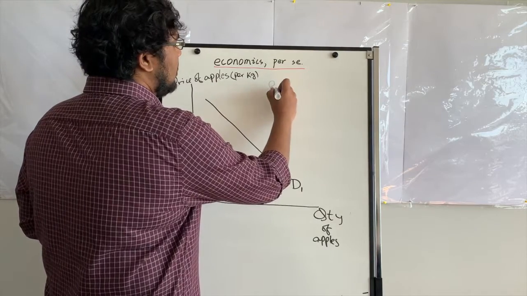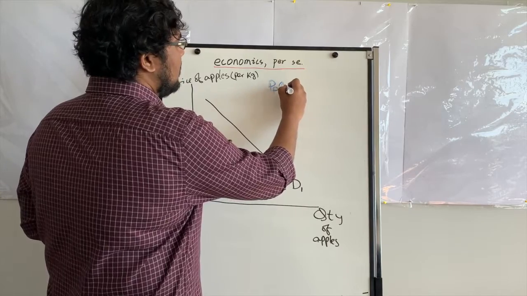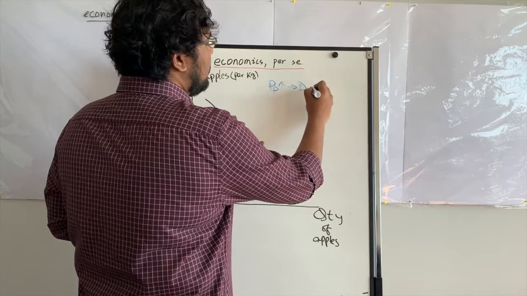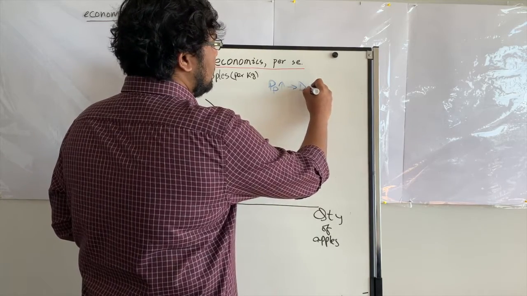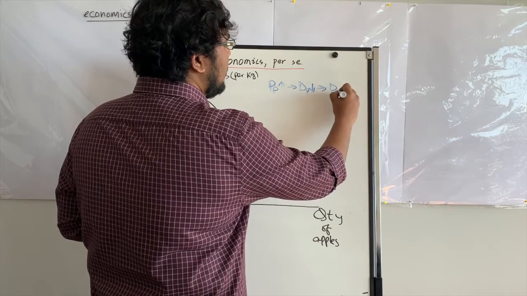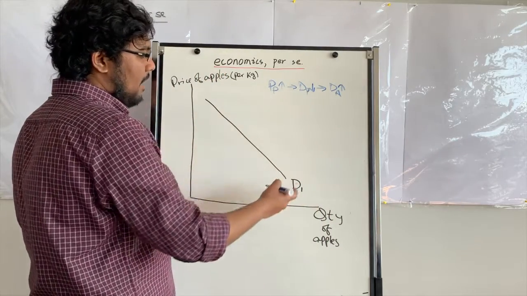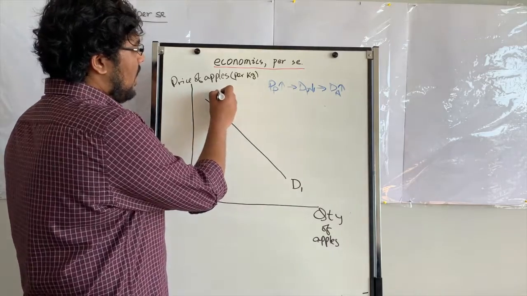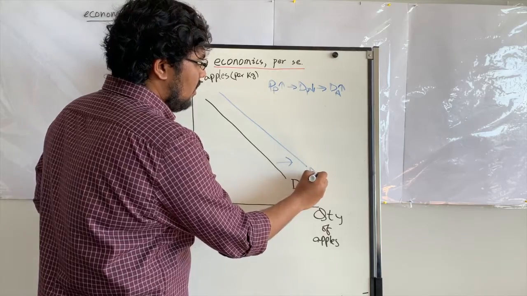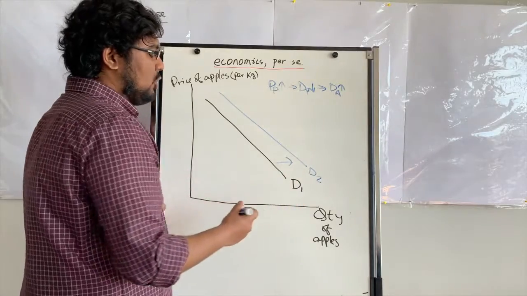If the price of peach increases, then the demand for peach would decrease, and it will lead to an increase in the demand for apple. So the increase in demand for apple can be shown with a rightward shift of the demand curve for apple, and we are denoting the new demand curve by D2.